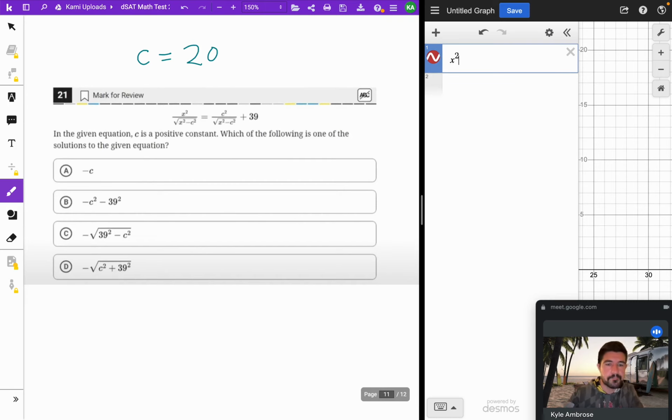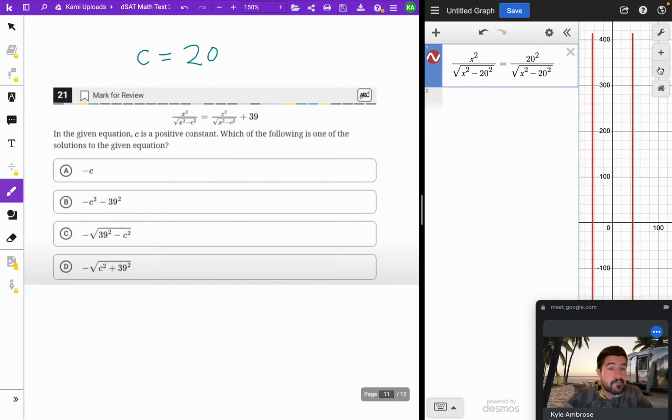X squared divided by the square root of x squared minus c squared, but I said c was 20, so put it in like that, then tab all the way over, equals c squared, so 20 squared, divided by square root, sqrt of x squared, tab over, minus c squared, or 20 squared, all the way over, plus 39. Now Desmos will graph this.